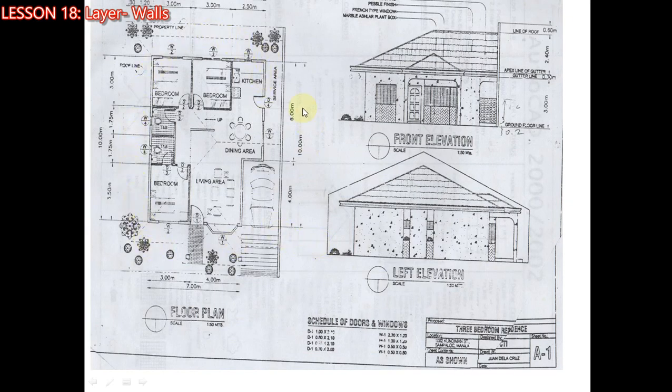So these are the walls that we will draw today. It is composed of the external wall, the walls outside the house or encompassing the house. That's external wall. And these are regarded as internal walls, walls inside the house.